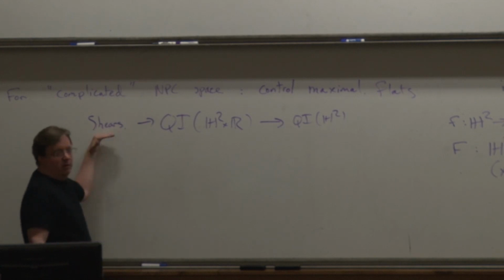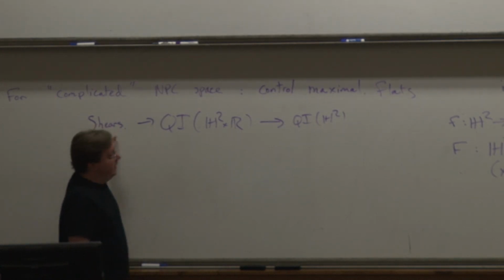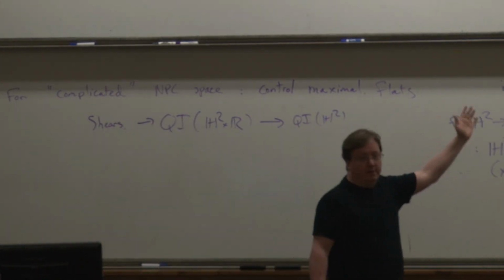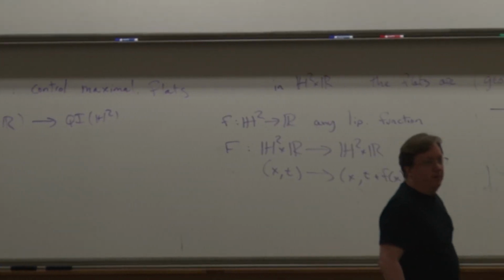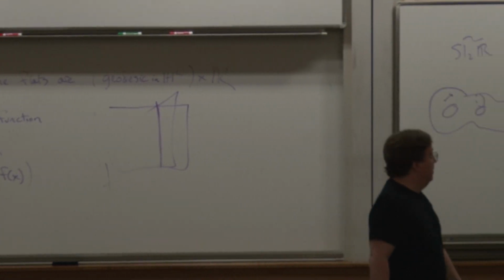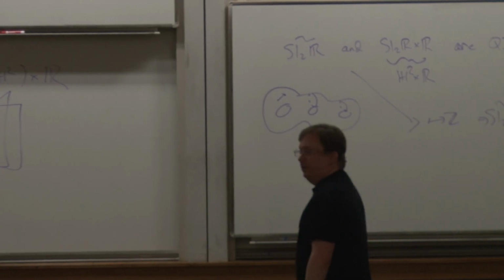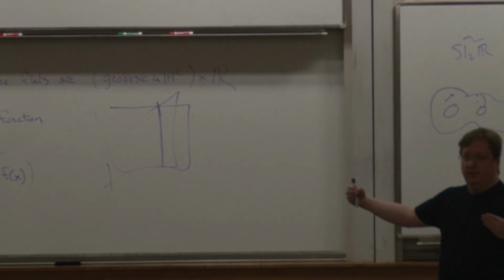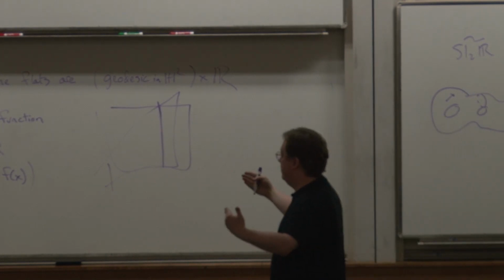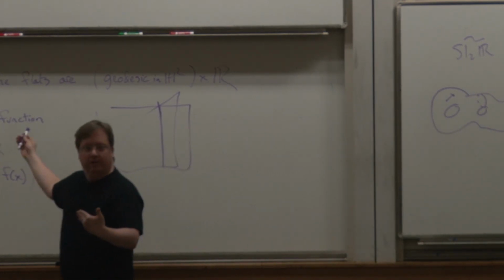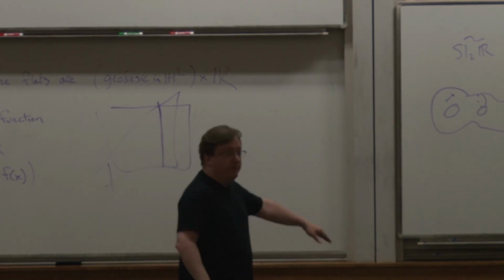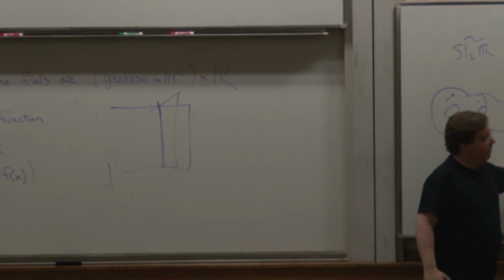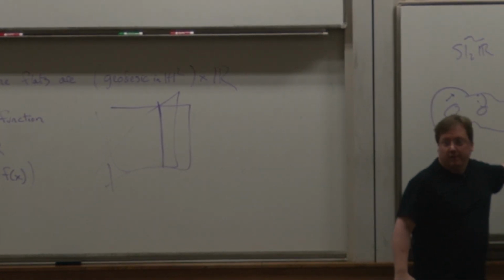And then you get some kernel in the shears, which has to be quasi-isometric to Z to make the whole group be the right QI type. And then you get stuck because you've got a surface group and an extension by Z, and it's hard to know what to do with all these shears. There's a good reason for that, because there are different central extensions which are in fact quasi-isometric.